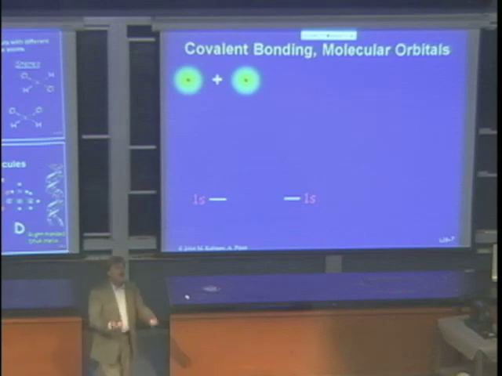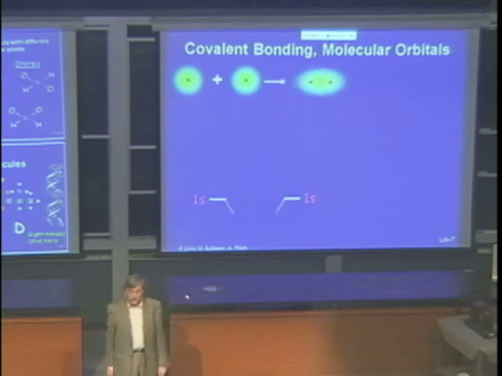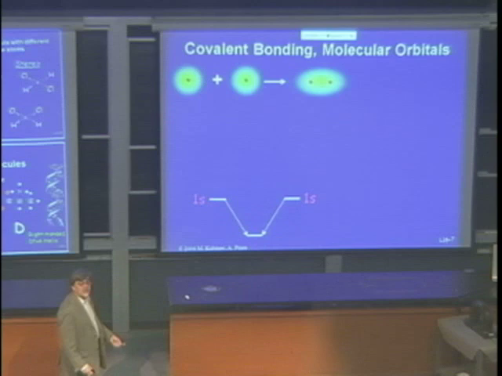And now we bind them together. So we have 2 orbitals, so we can't lose orbitals. We need to make one bonding orbital. Obviously, if things bond, you always release energy.